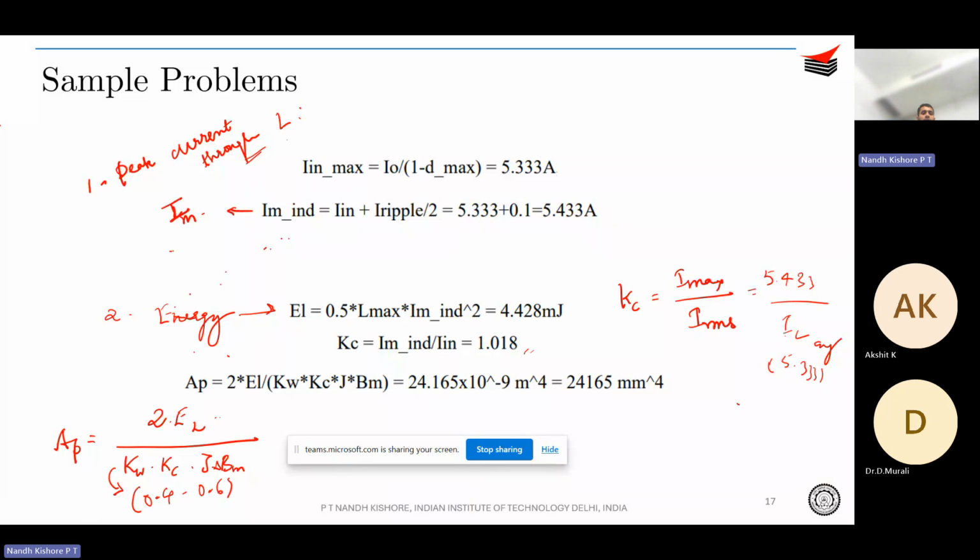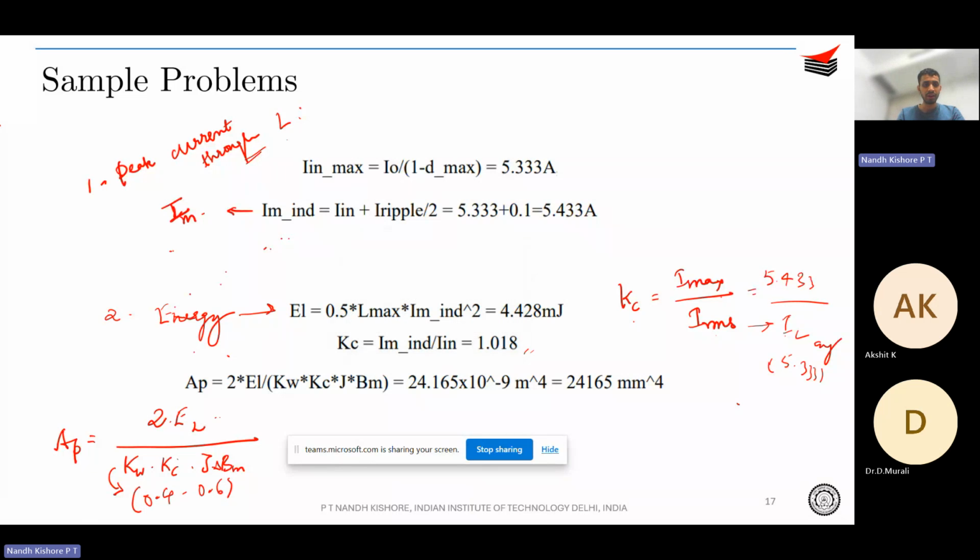Your Kc is the crest factor, that is Imax by IRMS. IRMS is your IL average current, whereas Imax is IL average plus delta IL by 2. Again, a simple relation. And J is 3 amperes per millimeter square, and Bm you know.